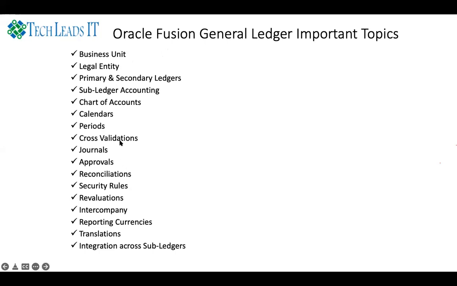When I talk about approvals, approvals are very important on the general ledger and accounts payable side. Oracle Fusion has now introduced very powerful business process management approvals. We will cover this in detail, and reconciliations for sure are required.